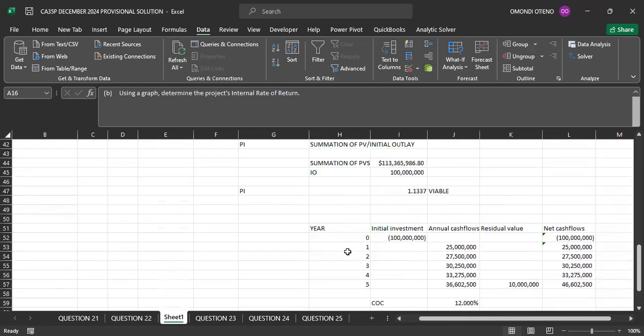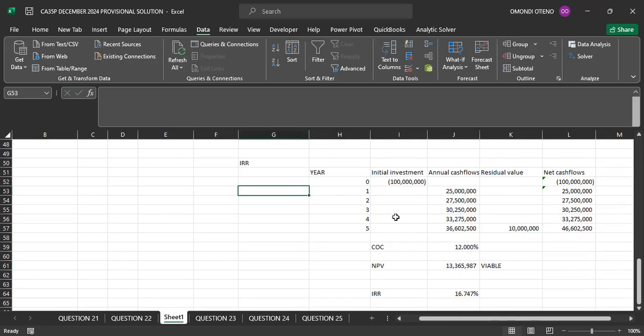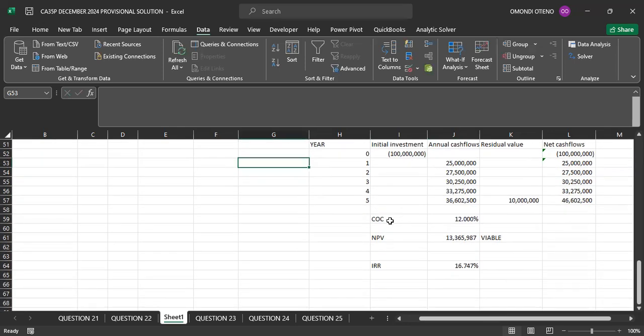We basically need a graph of cost of capital and net present value. At the point when net present value is equal to 0, we are going to have our internal rate of return.